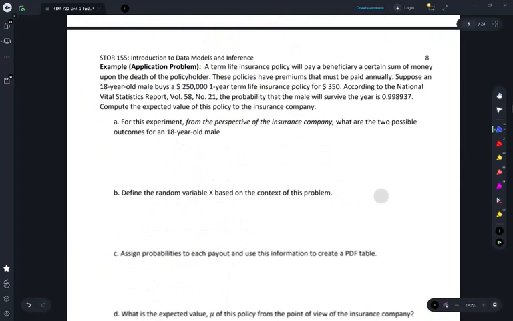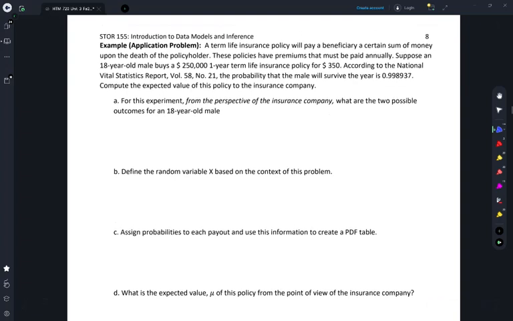Here's another example to consider in a business environment. This talks about a term life insurance policy which will pay a beneficiary a certain sum of money upon the death of the policyholder. And these policies have premiums that must be paid annually.